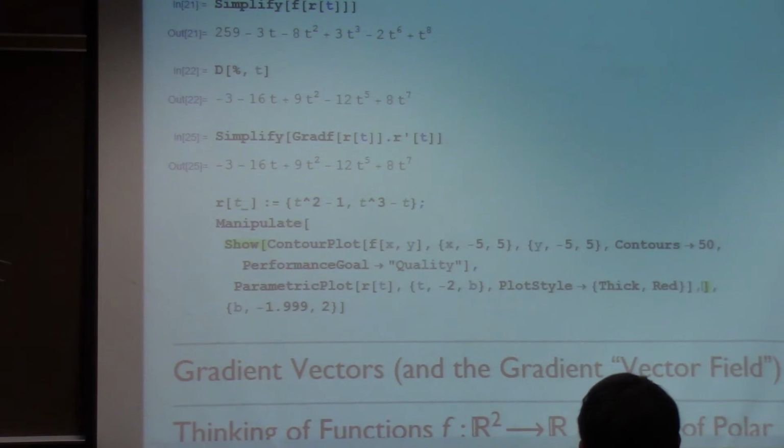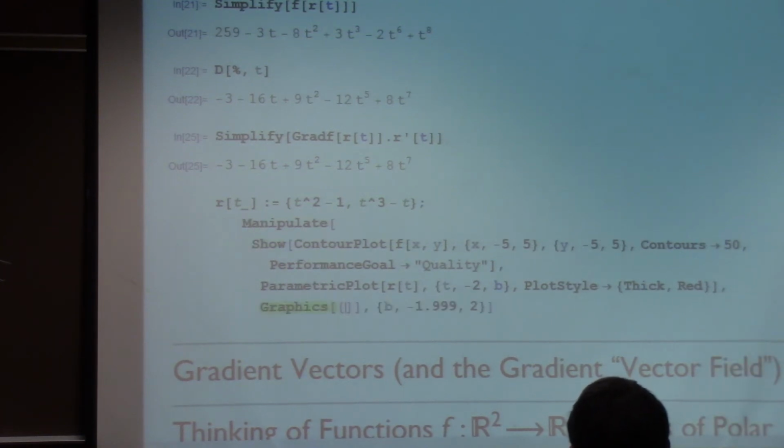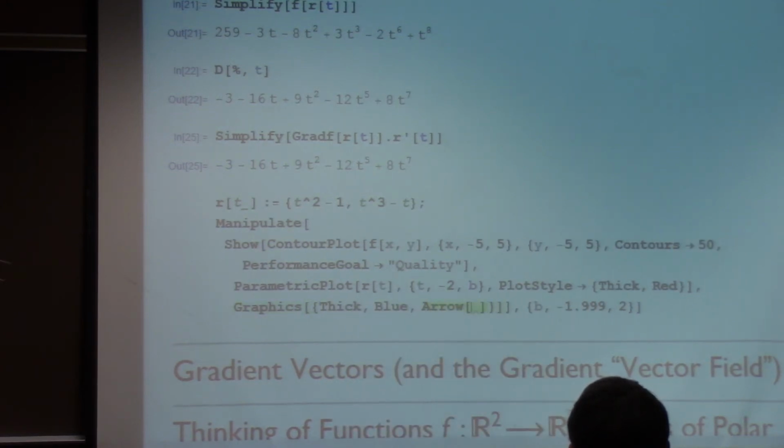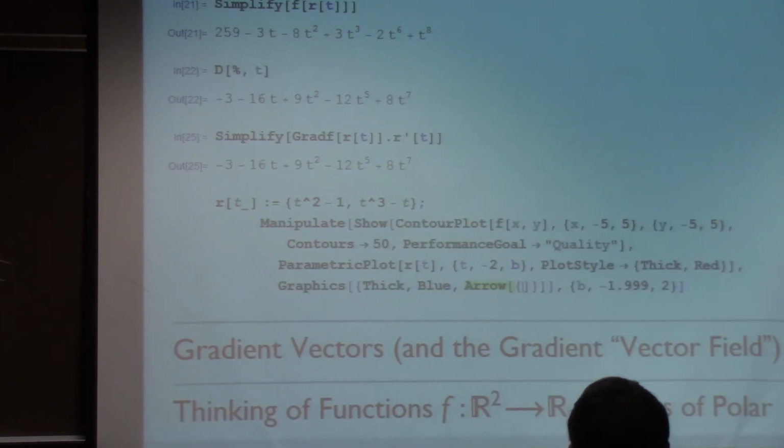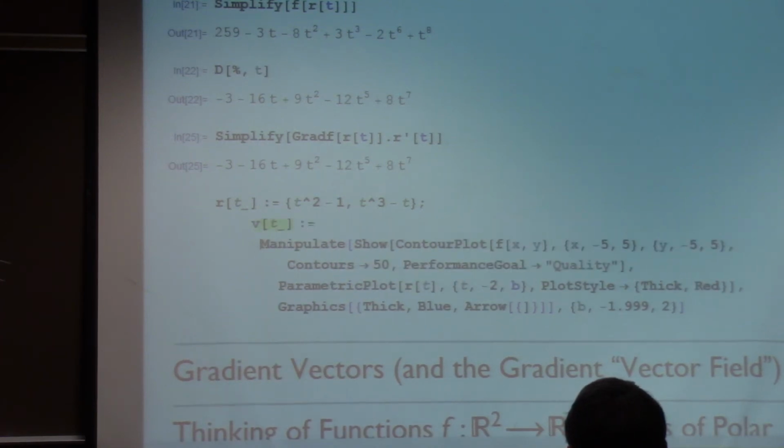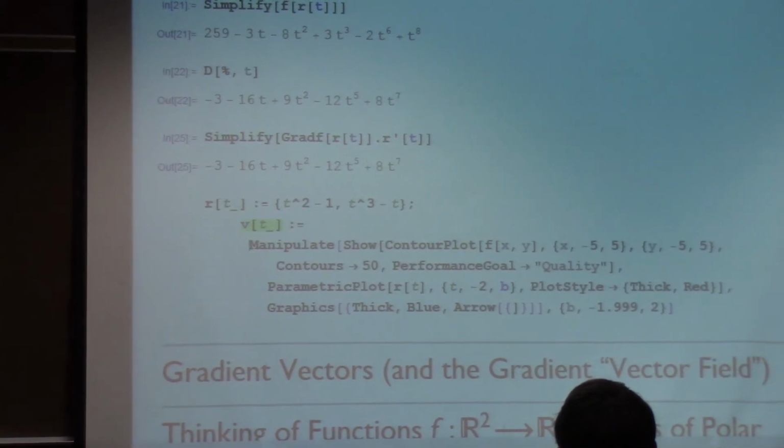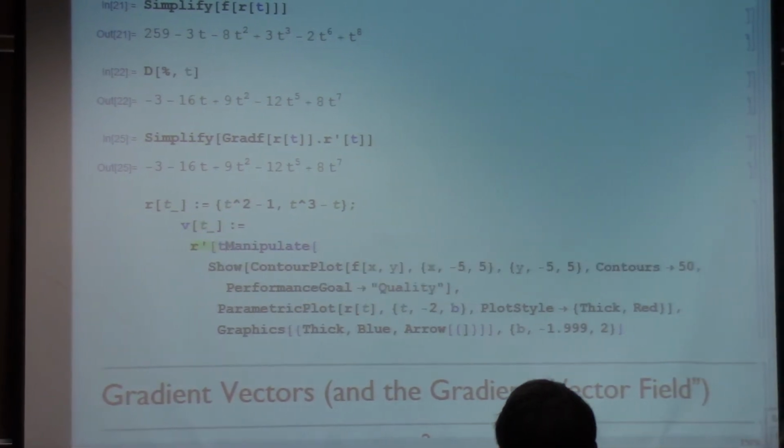I got to use graphics. For example, for the gradient vector, I can do a thick blue arrow. Actually, let's do the velocity vector first. That's a little easier to remember. Although I need to type a formula for the velocity here. Actually, I don't have to do that. I can just type an r prime. Well, let's go ahead and define the velocity vector, v of t to be r prime of t.